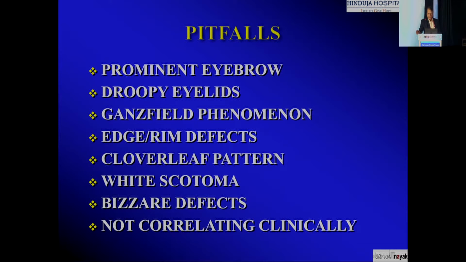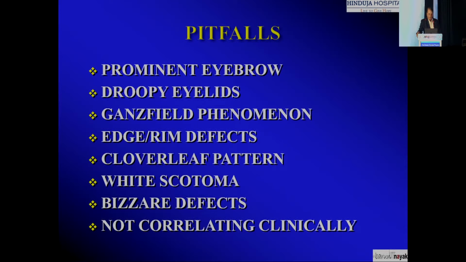Unless you do it yourself, you will not realize the difficulties, and then you can pick up these faults. In the Ganzfeld phenomenon, when one eye is covered, there is always retinal rivalry. Sometimes the covered eye supersedes at that moment, and then the patient will see everything as white. Those factors also affect the perimetry.